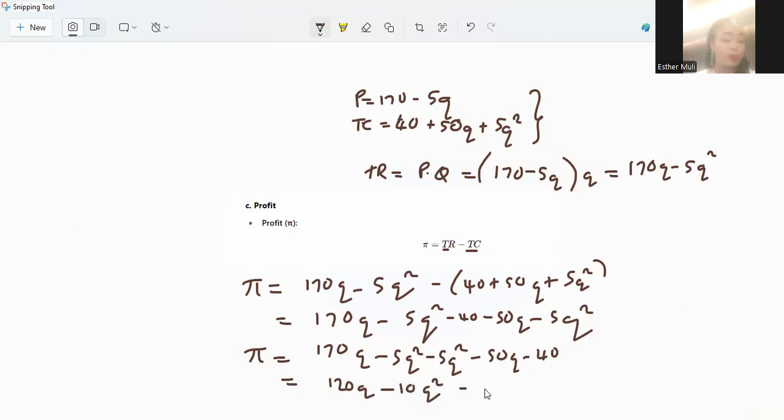And here minus 40. All right, so the profit function is given by this.